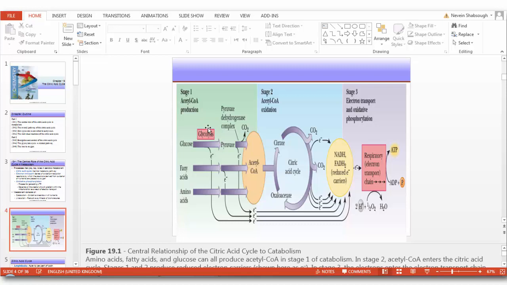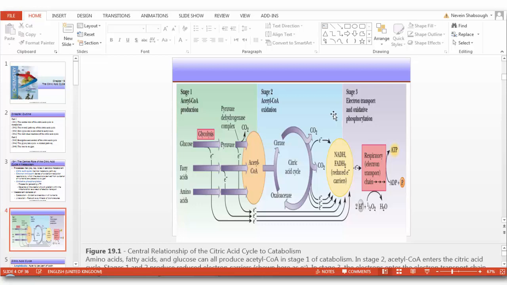Then stage 2, acetyl-CoA oxidation in the citric acid cycle, as we will talk about. And then stage 3, electron transport and oxidative phosphorylation. One important note to remember is that all metabolic pathways operate at the same time, even though we talk about them separately.